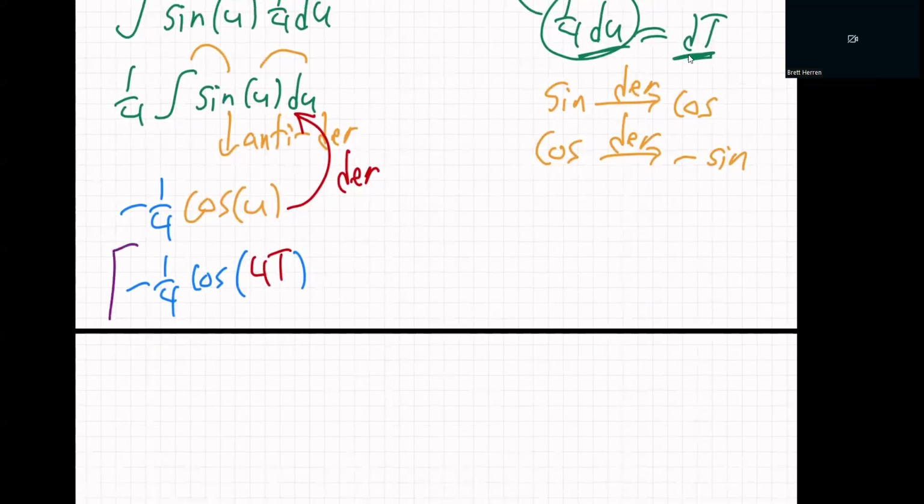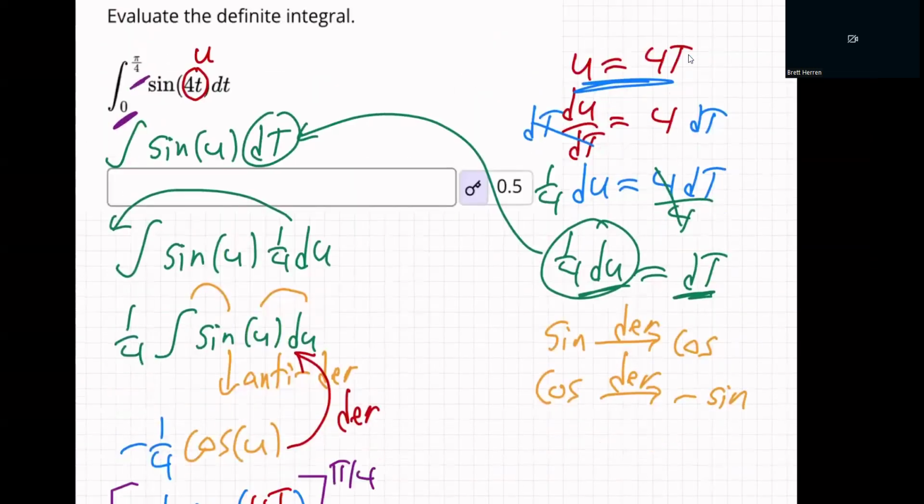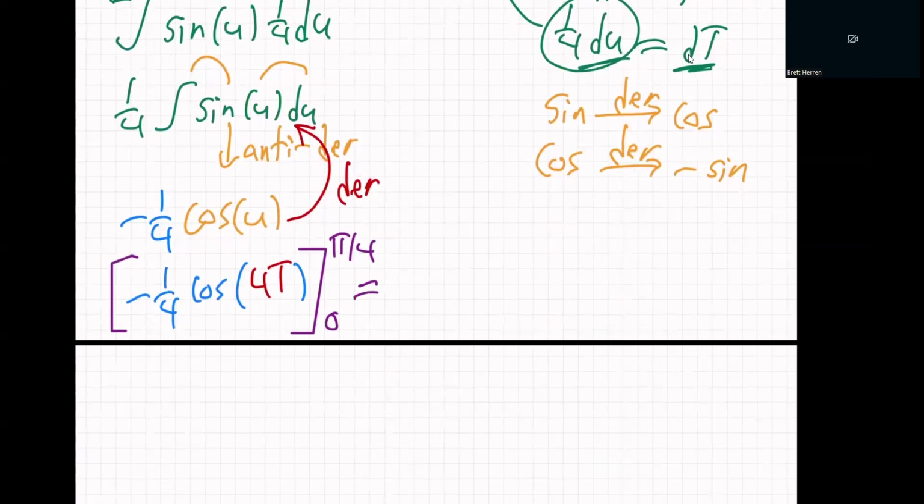So let's do it. Between 0 and pi over 4, right? Okay, so then we get, in fact, I'm just going to put the minus 1/4 in the front.